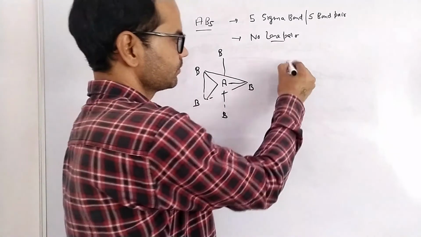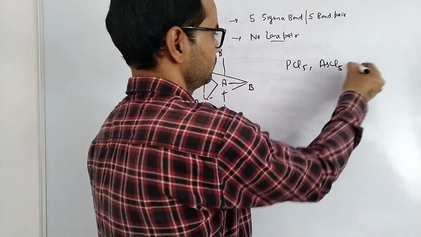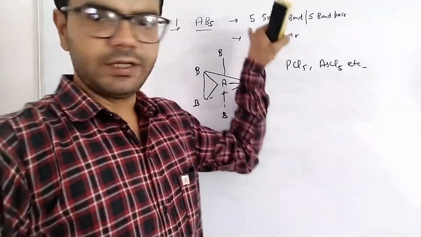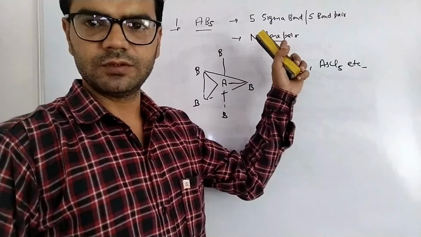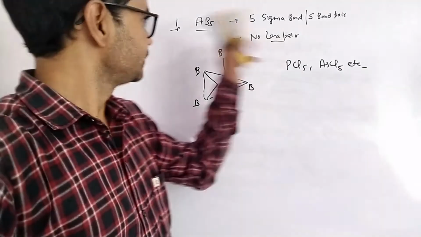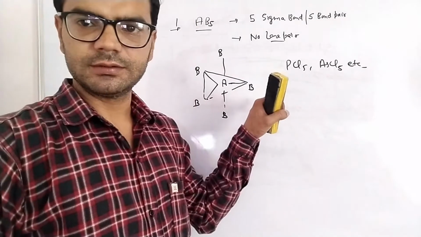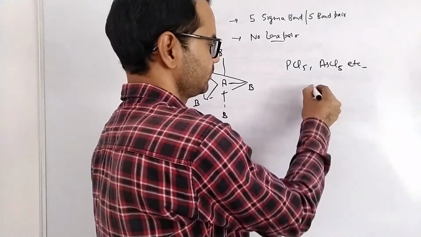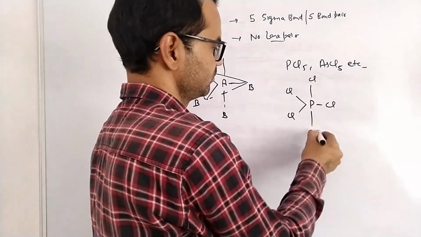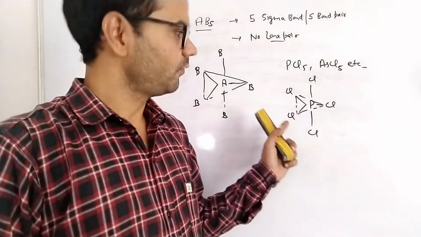Examples are PCl5, arsenic pentachloride. We need 5 valence electrons to form 5 sigma bonds or 5 bond pairs. So PCl5, AsCl5 belong to sp3d hybridization and the geometry is trigonal bipyramidal, right? This is the geometry of PCl5.